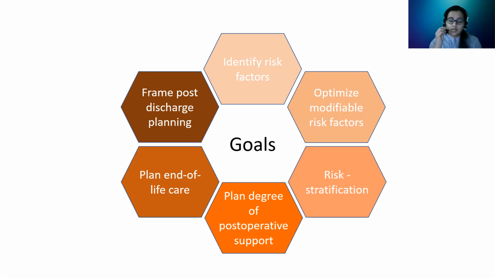Even post-discharge planning, like the level of care required at home, pain management, or need for palliative care, should also be discussed during the pre-operative visit. Ideally, a multidisciplinary approach is needed at this stage, which includes not only the anesthesiologist and surgeon, but also the physician, geriatricians, physiotherapist, and maybe a psychologist.